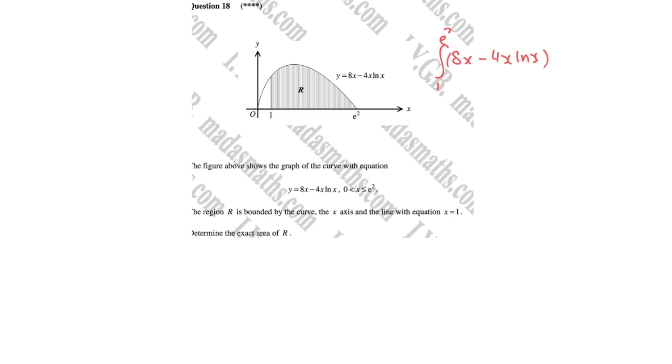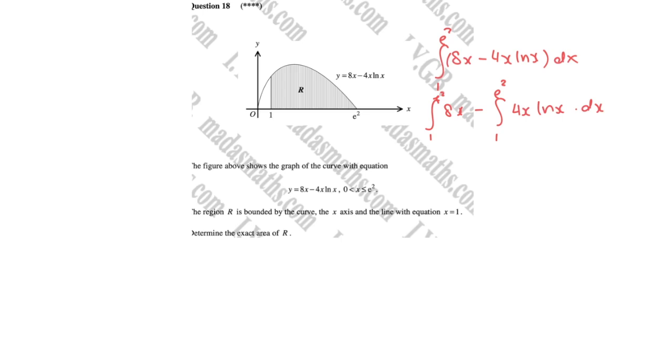So by parts is the name of the game. The first one, 8x, can easily be integrated, so I'm just going to put that aside. So, 1 to e squared, 8x, and then let's focus our attention on 4x ln x dx.